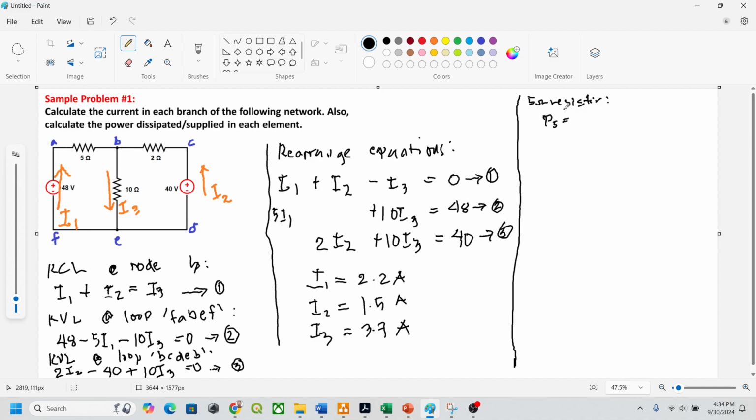Basically, it's an I squared R loss, so we can use I squared R. The current flowing in your 5 ohm resistor is I1, which is 2.2. So that's 2.2 squared multiplied by 5, which is 24.2 watts.